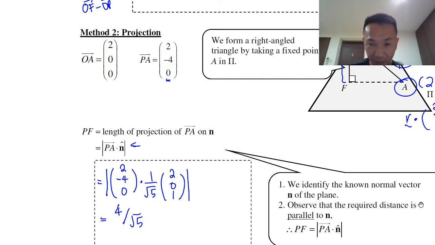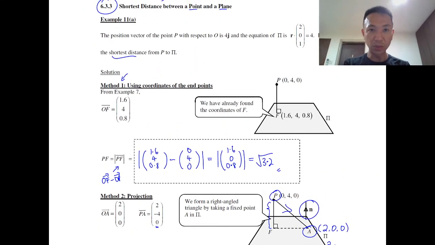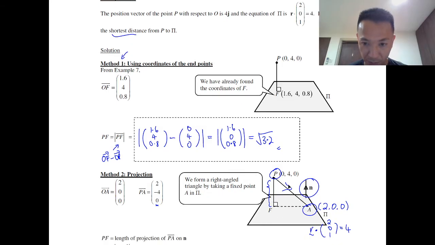So, there are only 2 methods here. Remember earlier we said there are 3 methods of finding any distance. But in order to find the shortest distance between a point and a plane, actually there are only two methods. One, find the foot of the perpendicular first, coordinates, then you join these two up and we are done. Two, I project. Find a point on the plane, it can be (2, 0, 0), whatever, then find PA and project onto n.